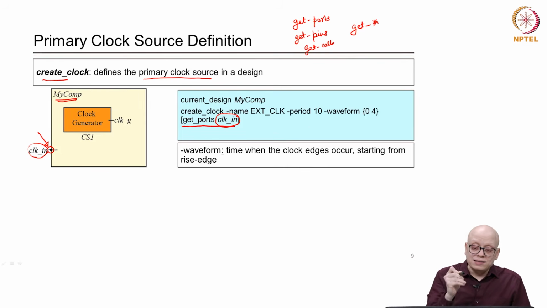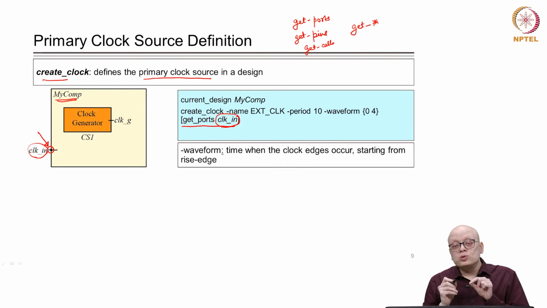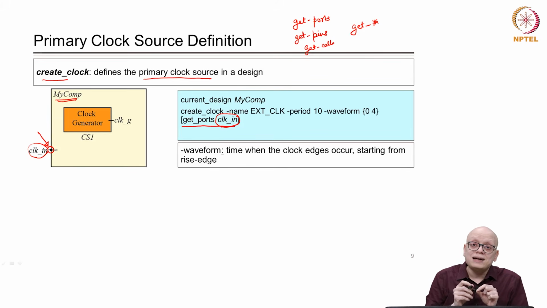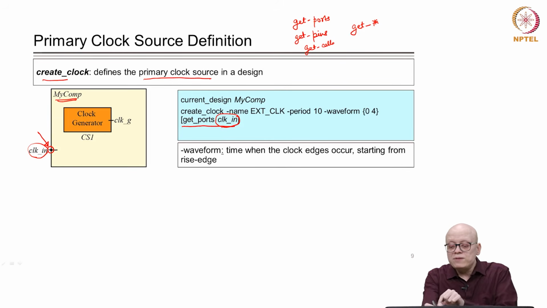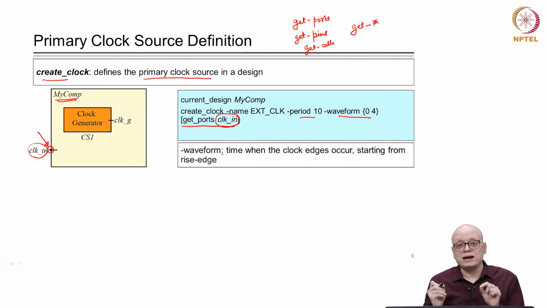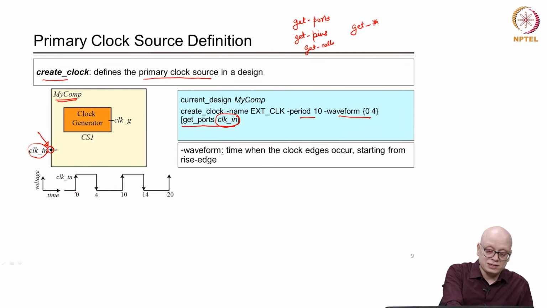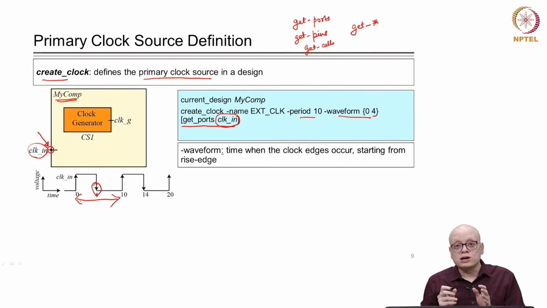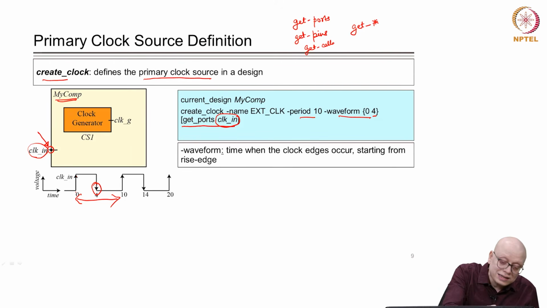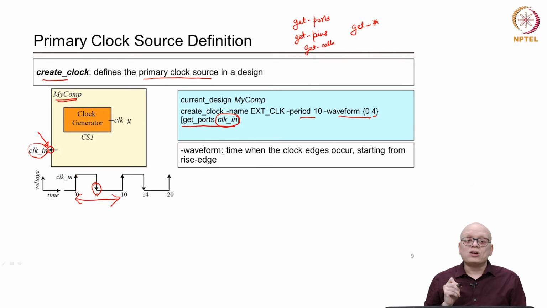Now when we run this command, the clock_in port will be understood to have a clock source with the given time period and waveform. What will the waveform be? It will be something like this. We said that it starts at 0, the positive edge, and then 4 defines where it falls, and 10 defines the clock period. This is what the clock signal's waveform will look like, and that waveform will be associated with this design object, clock_in.